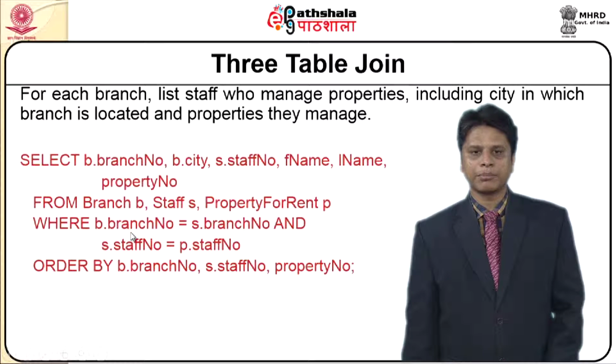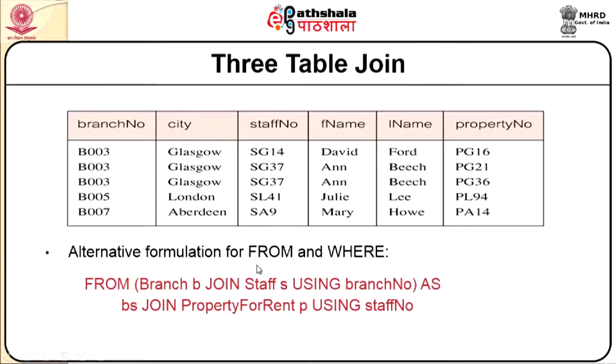One was branch number between B and S, the other was staff number between S and P. There is an alternate formulation for from and where: from branch B, join staff S using branch number, join property for rent P using staff number.